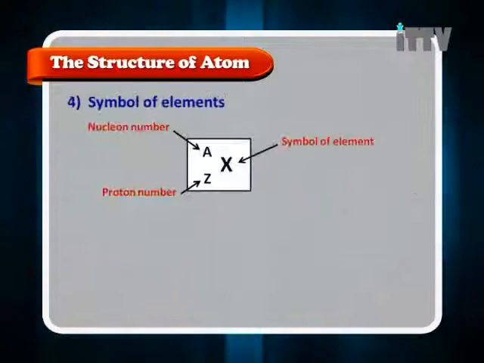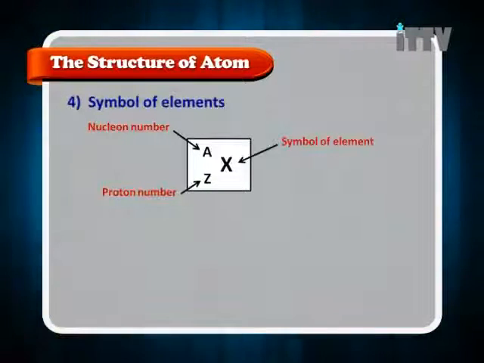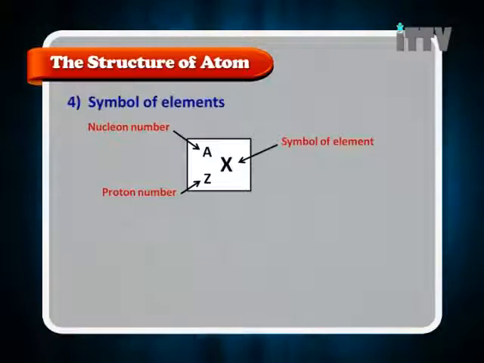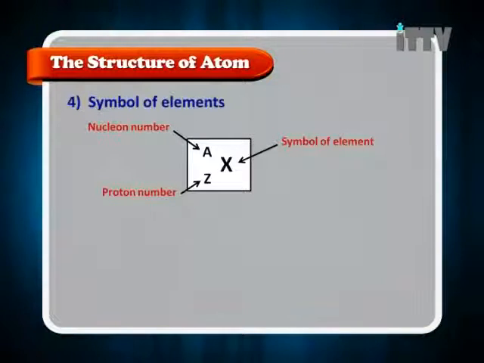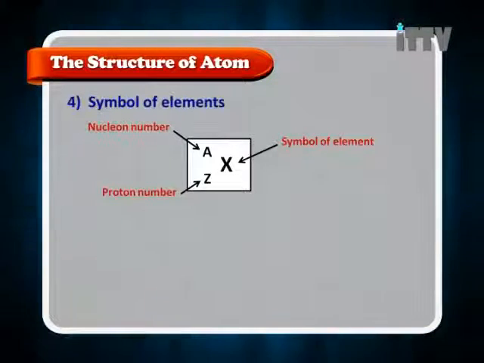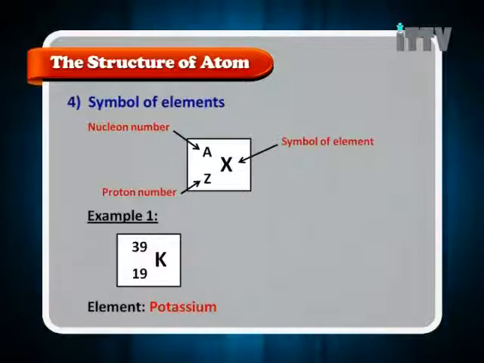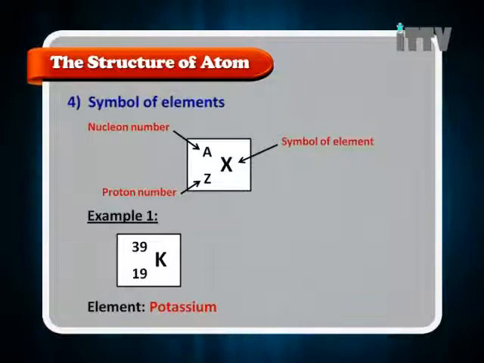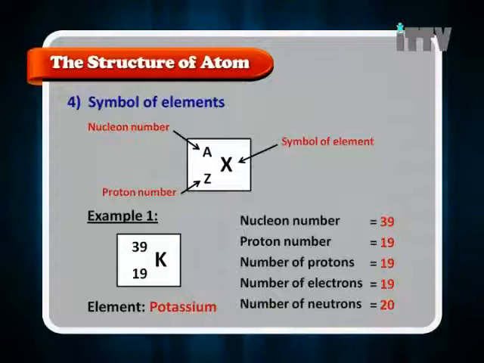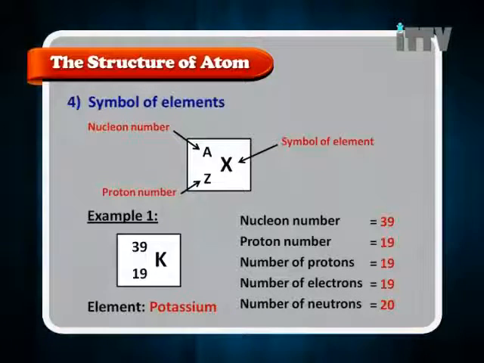Symbol of elements. The nucleon number symbol is A. Proton number symbol Z. The X represents the symbol of element. Example 1. 39/19 K. Element potassium. The nucleon number is 39.